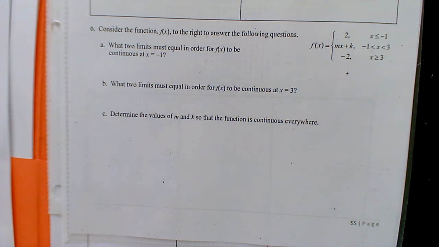But there are three things mathematically that have to be happening in order for a graph to be continuous. Can we name any of those three? Think about our little driving or river bridge example. We have three conditions for continuity. Yeah.